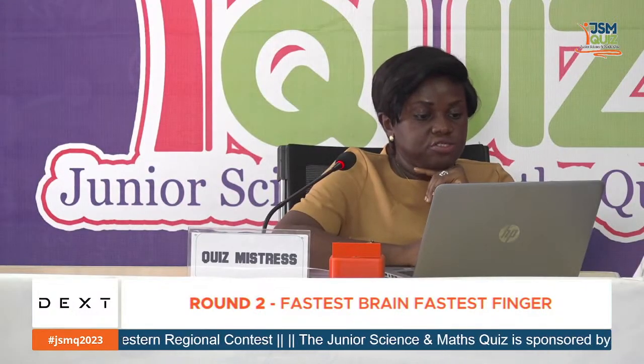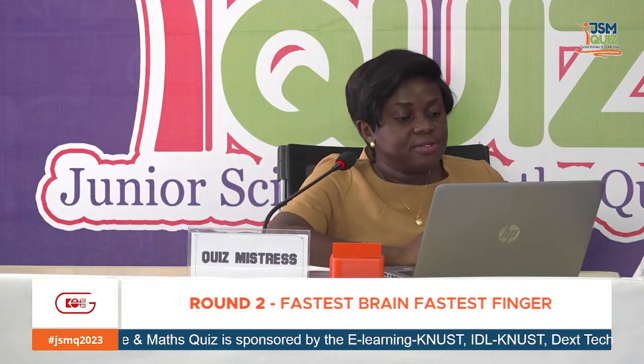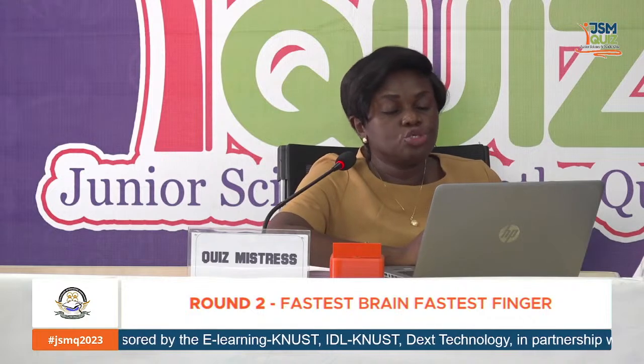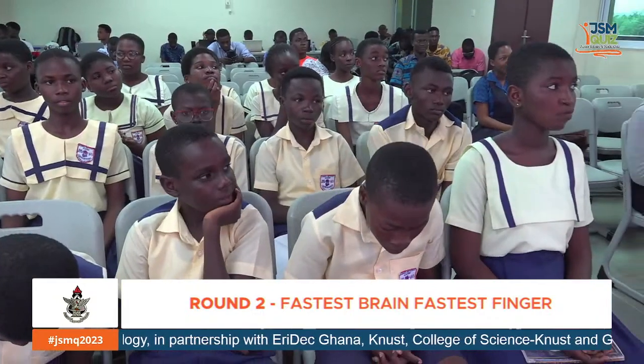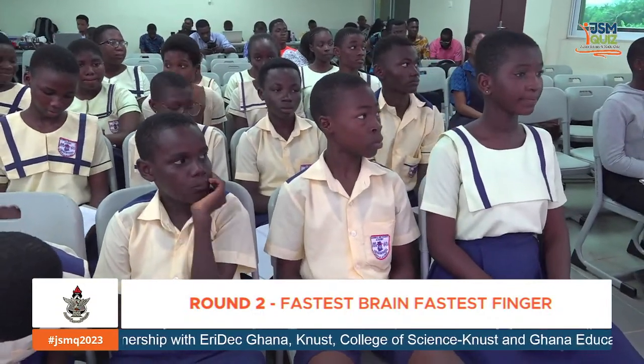So we are about entering the 3rd round, the Tech Challenge round. But before then, what happened in round 2? Of course there was fire. So let's see the results of the fire. Did they burn some? Did it leave some unscarred?